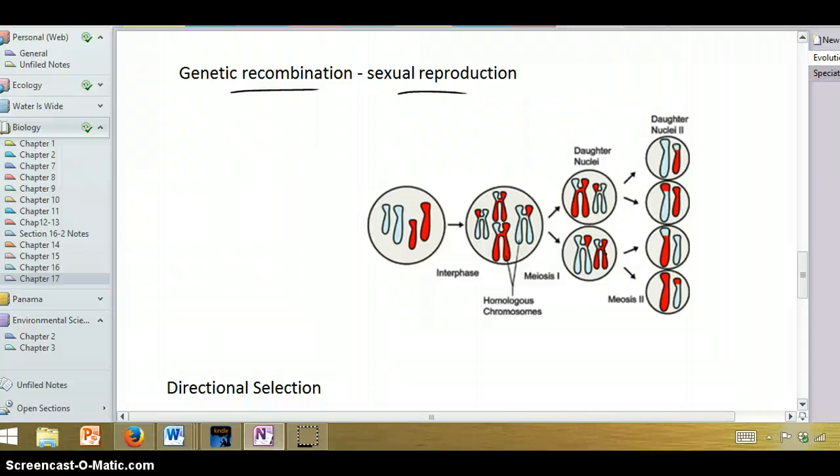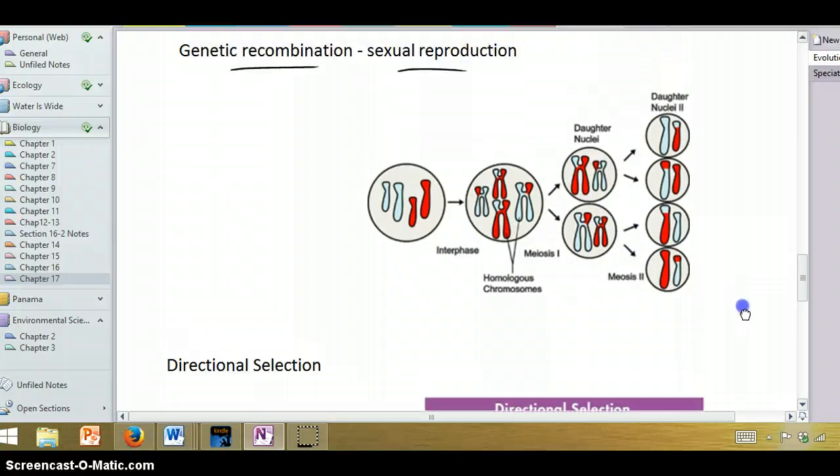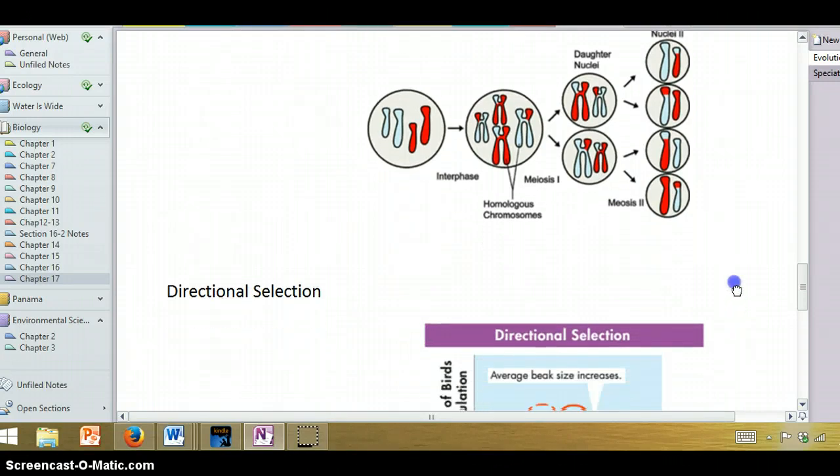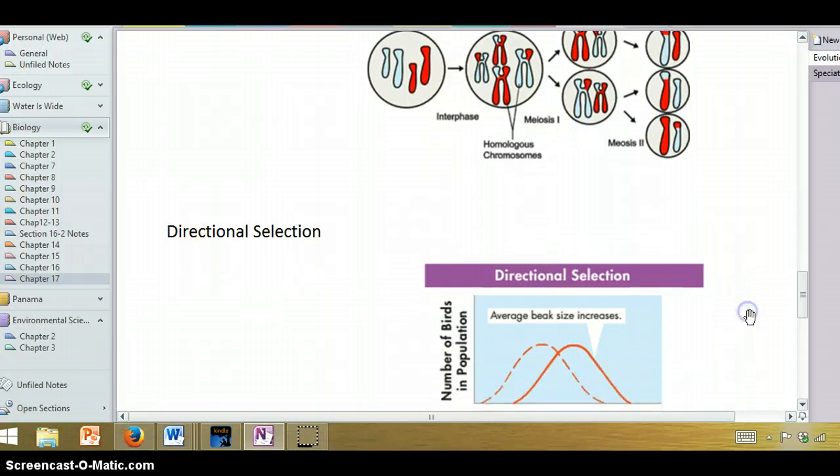So think of an example again, you might have black hair and brown eyes, but through recombination, your kids can end up with brown hair and blue eyes or something like that, some new combination, where you're mixing around the different alleles. And again, those different combinations, those different phenotypes give something upon which natural selection can operate.